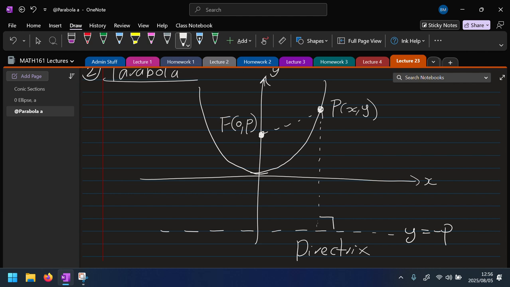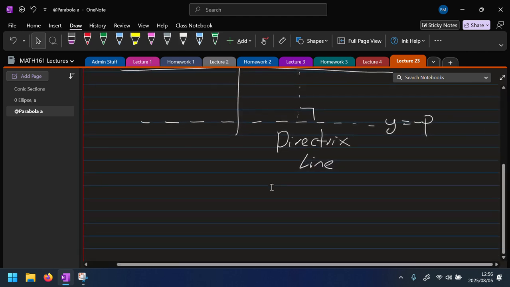Once you've done all of this construction, the line FP is equal to this line, and that's it. That's the definition. So you put your focal point F, you put your directrix line y equals minus p. Then for any point on the parabola, the distance from that point to the focal point is the same as the distance from that point to the directrix. So those two have the same distance. That's how we define the parabola.